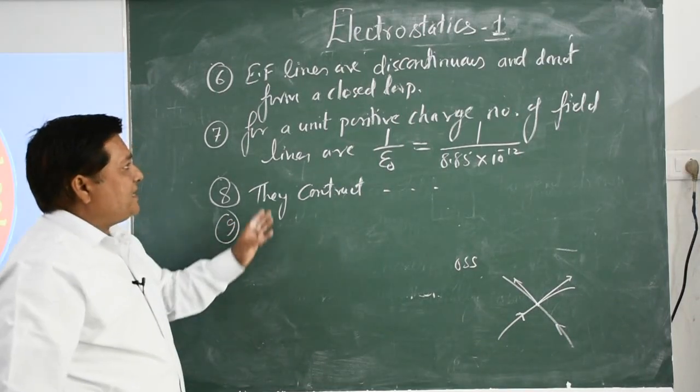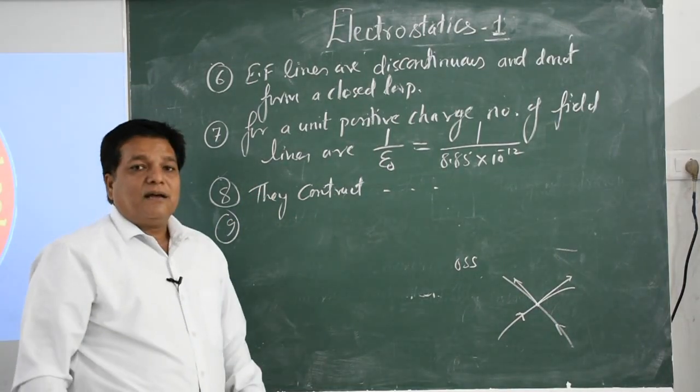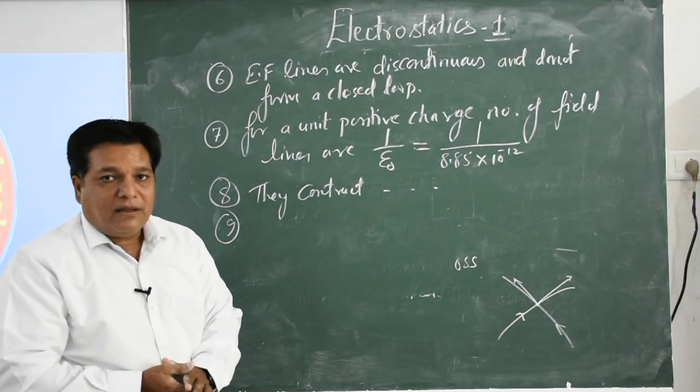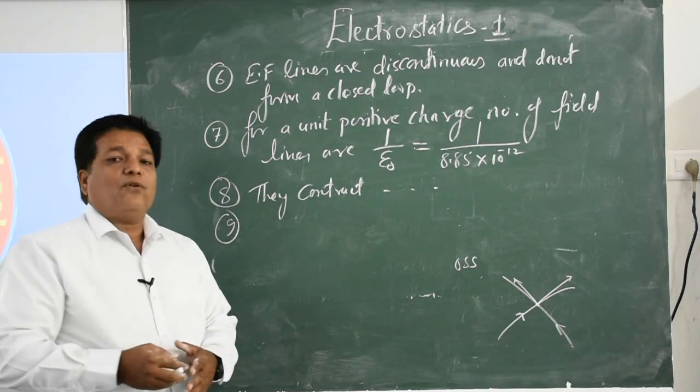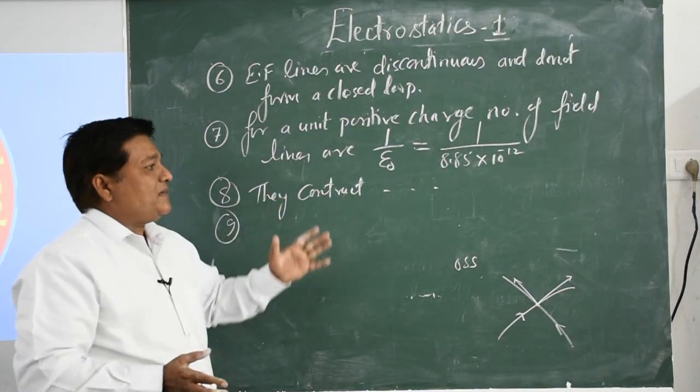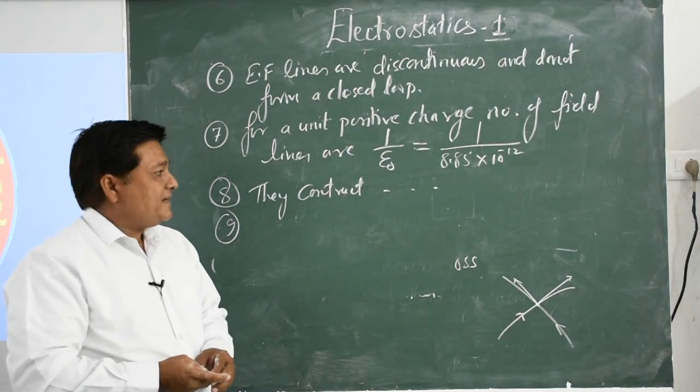The ninth property we can take for electric field lines: the electric field lines exert a sidewise pressure. It means that there is a force of repulsion between two like charges. So these are some properties of the electric field lines.